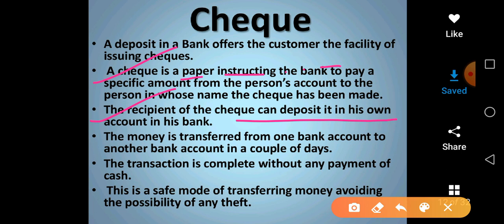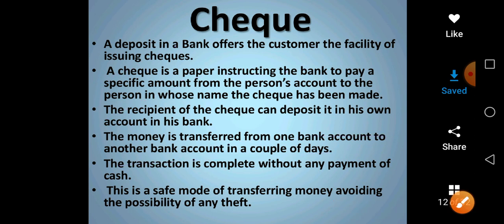The money is transferred from one bank to another in two, three, four, or five days, according to the area or distance covered, so the check can be withdrawn within a few days.